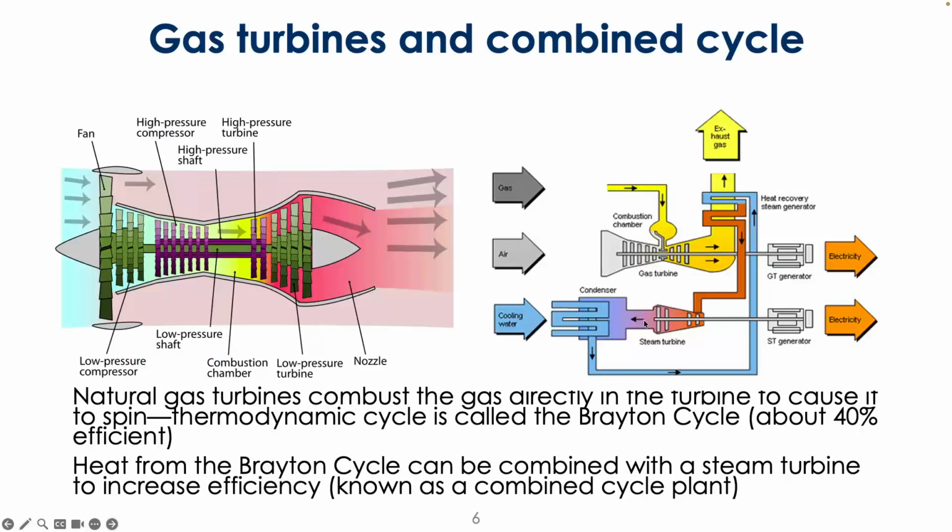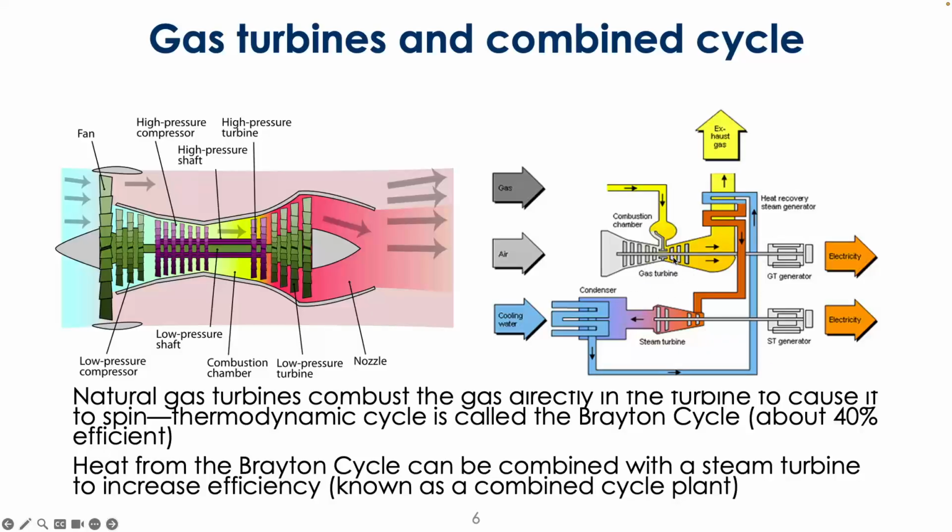A lot of natural gas power plants do this process where you have both the Brayton cycle as well as a steam turbine. You can see this diagram on the right that shows that happening. Here is the Brayton cycle from the natural gas turbine, and then the hot exhaust gases are used to heat up water, boil water, turn it into steam, go through a steam turbine.